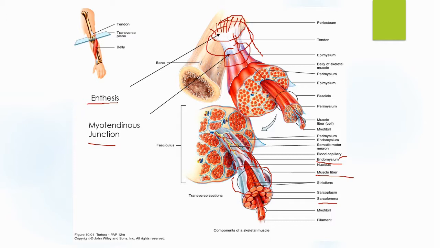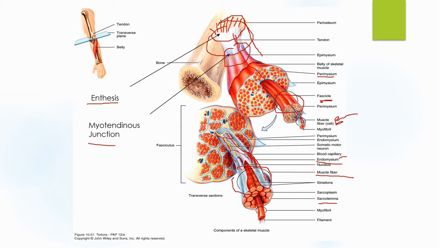Now what we're going to do is take a large collection of these muscle cells, these individual muscle fibers, and put them into a bundle, which is referred to as a fascicle. So this depicts a fascicle, and as you can see, the fascicle is composed of hundreds and possibly thousands of individual muscle fiber cells. The fascicle itself is surrounded by its own layer of connective tissue, and that connective tissue is referred to as the perimysium.